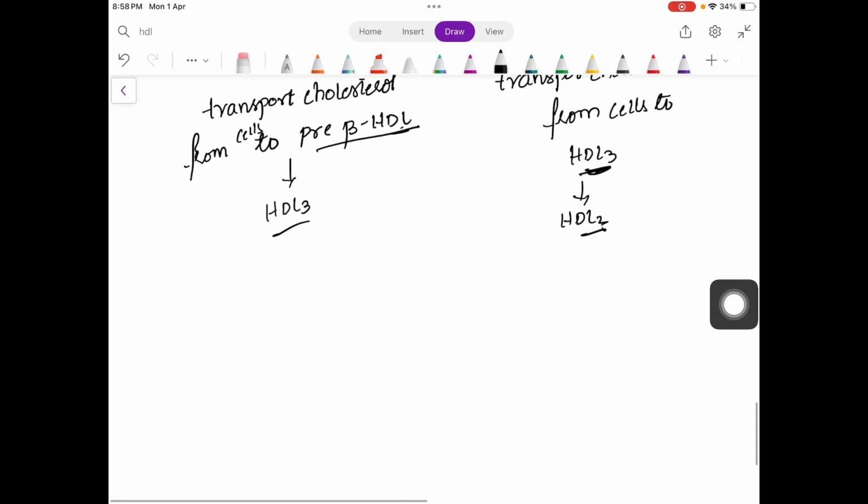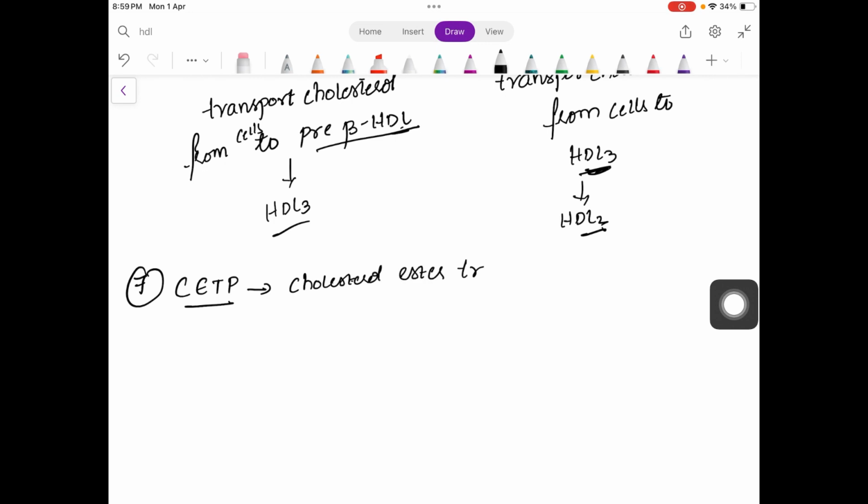Next, we should learn about CETP. What is CETP? Cholesterol ester transport protein.